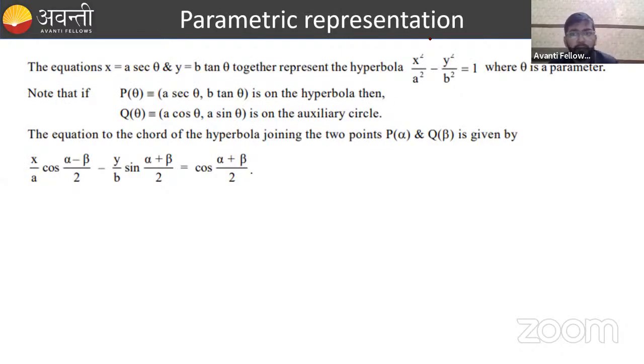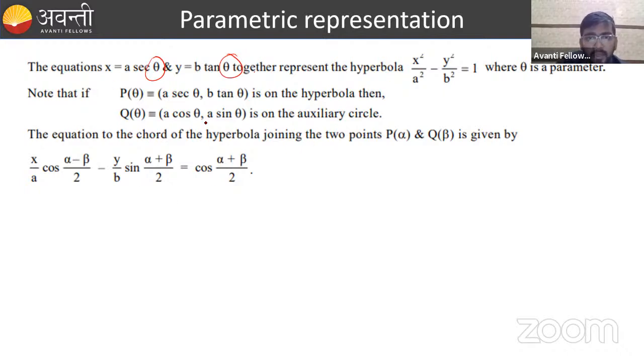Now, parametric representation. In parametric representation, we use a third variable like theta to represent the coordinates, like every coordinate on that particular hyperbola.